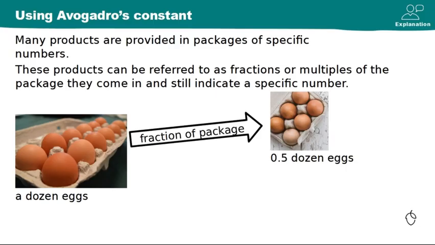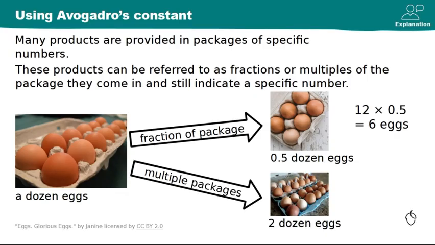And if you've got half a dozen eggs, you've got 6 eggs. So we can do 12 times 0.5, which would give us 6 eggs. And if we've got 2 dozen eggs, we could do 12 times 2, which would give us 24 eggs.